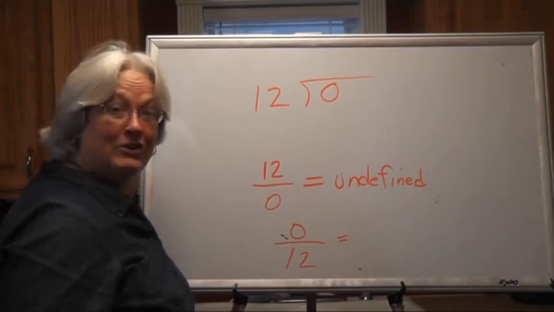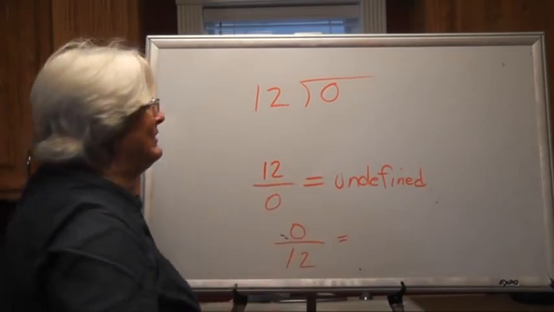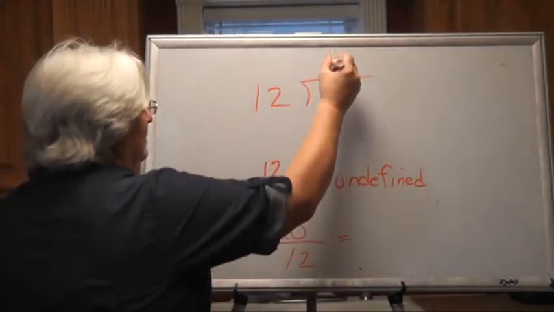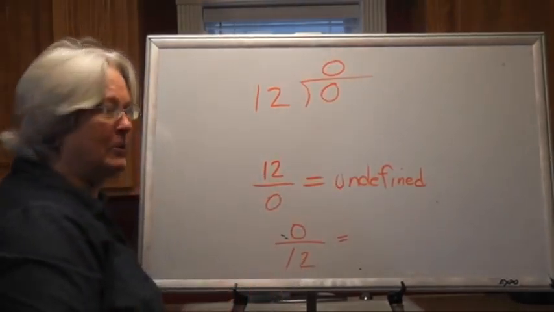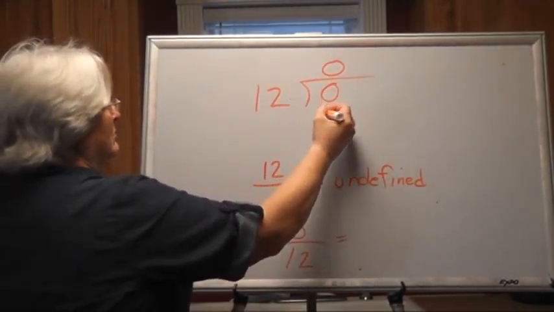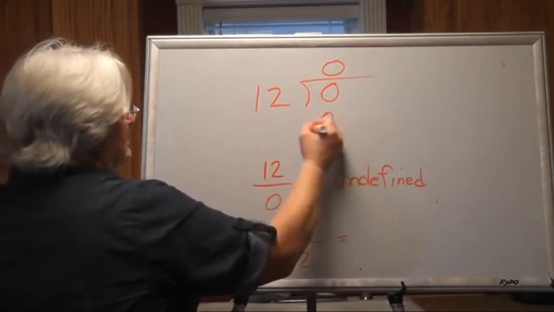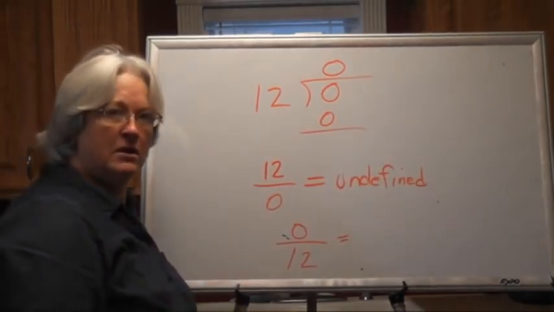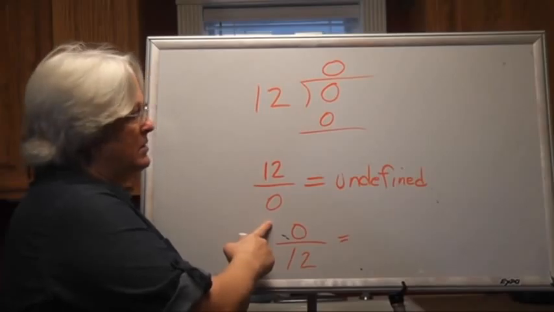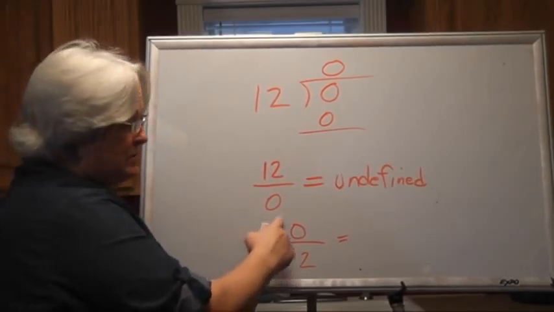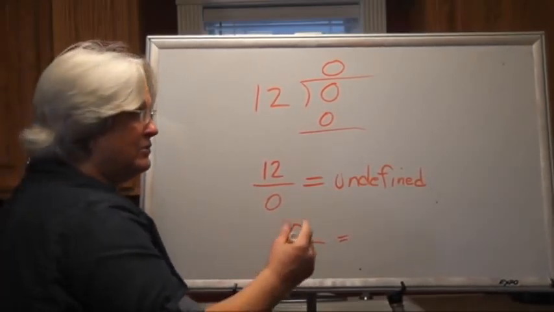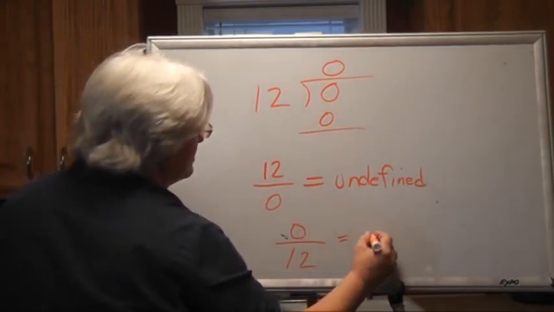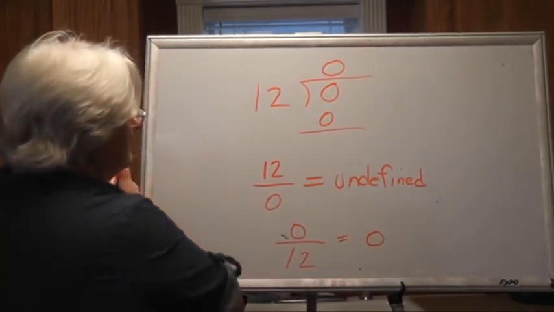We appreciate the heart that you have to share with other people, but when you've got nothing to begin with, you have nothing that you can share, because 0 times 12 is equal to 0. So anytime you take 0 and try and divide that amount into separate groups, that answer is always going to be equal to 0.